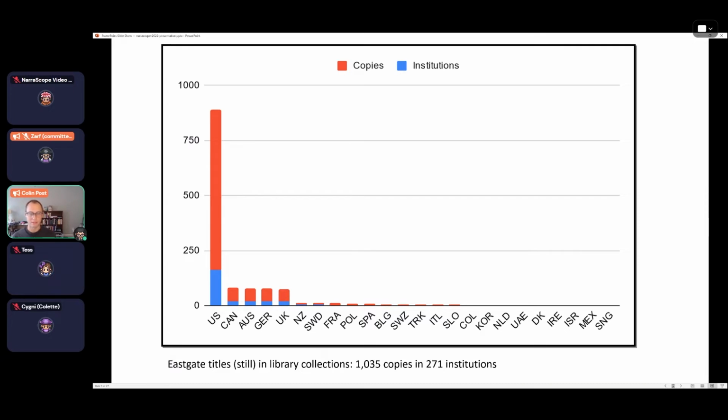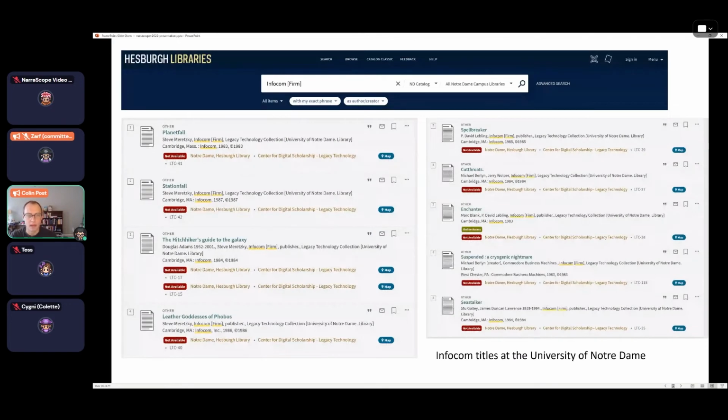But this is sort of a testament to the fact that these titles were collected extensively through the 90s and 2000s, and it raises a question about why similar types of titles being released now aren't collected by academic libraries. So Infocom maybe would land better with this crowd than Eastgate.